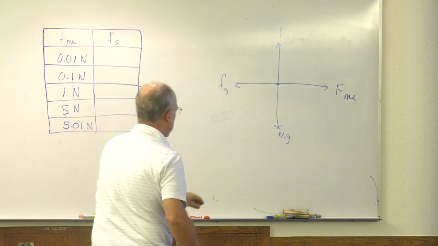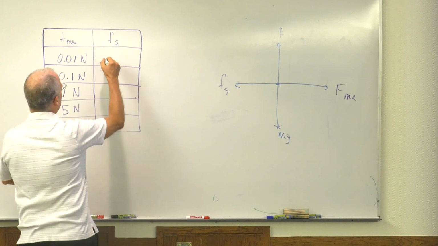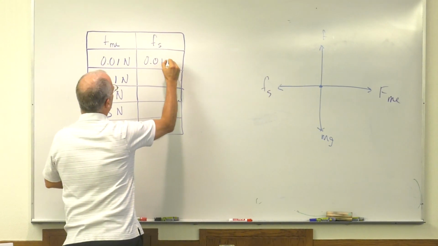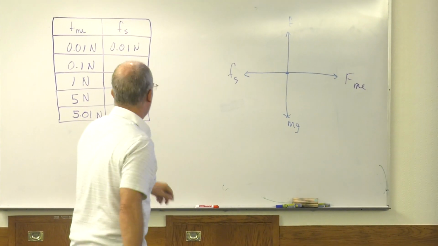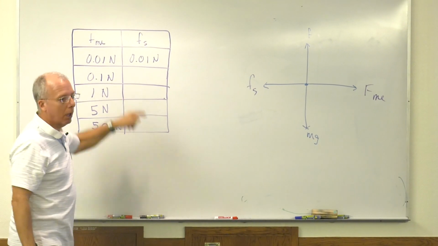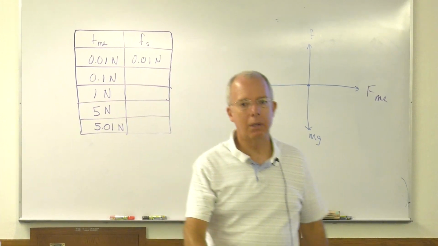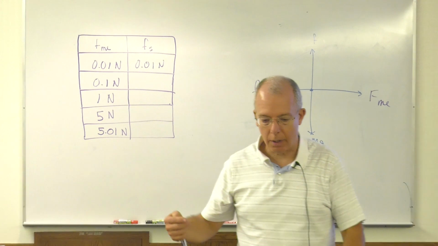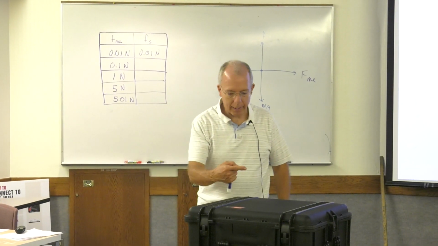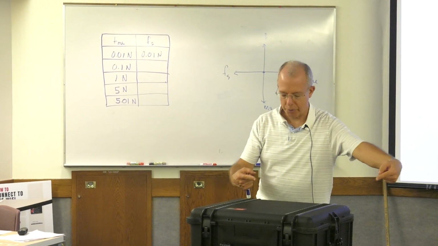So these forces have to cancel, so the friction is the same. Right? I mean, look, if the frictional force were greater than my force, what would the thing do? It would accelerate, and it didn't accelerate. So if I exert 0.01 this way, the frictional force is 0.01 that way.